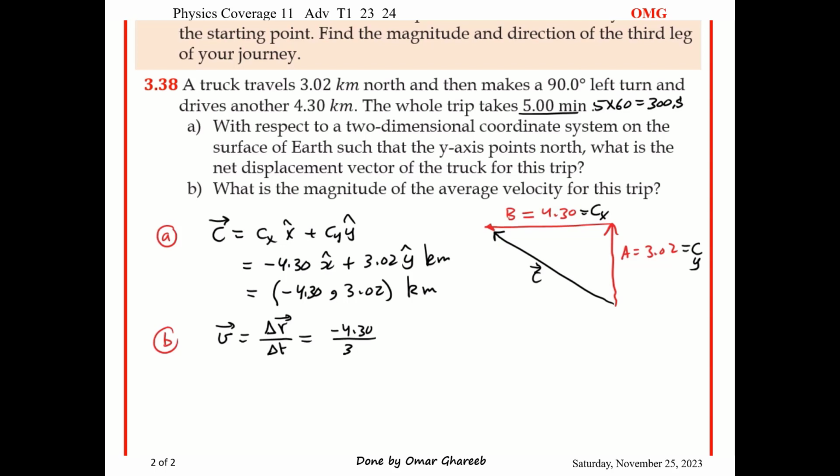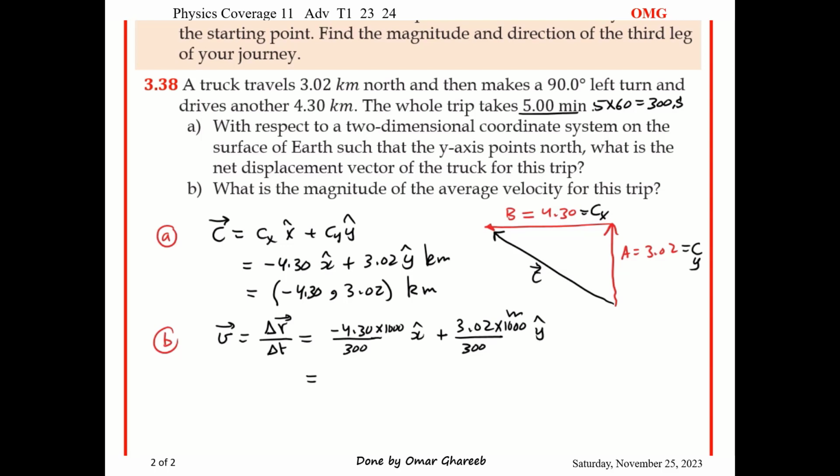And the kilometers into meters, it is multiplied by 1000. This is in x hat. Now in y hat, 3.02 divided by the time 300, then multiply by 1000 to convert it to meters. This is in y hat.